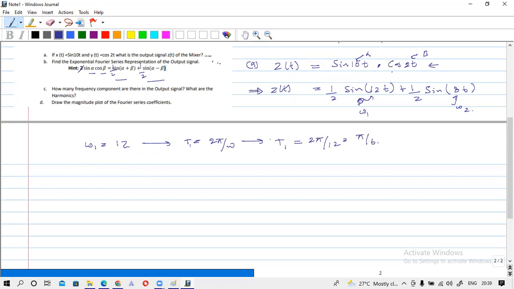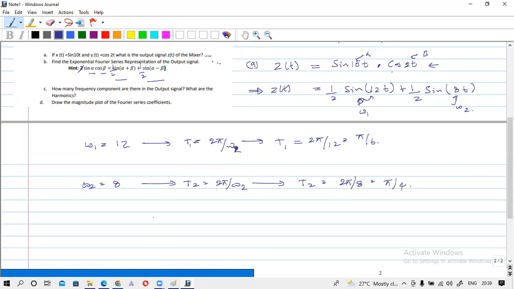In the same manner for the second signal, omega 2 is 8, so T2 is equal to 2 pi by 8, so you have pi by 4.